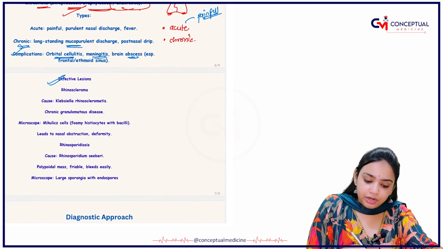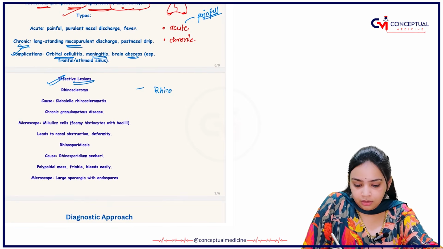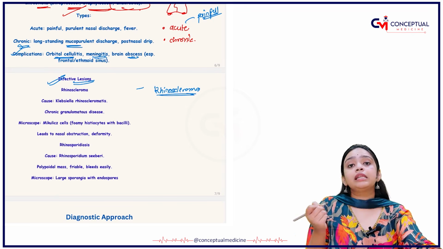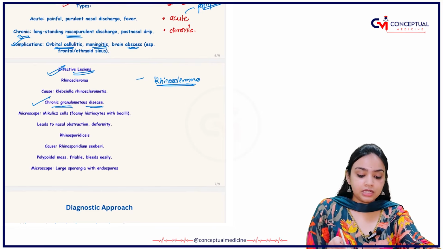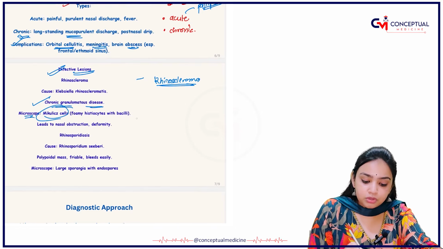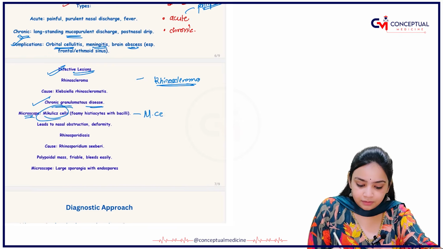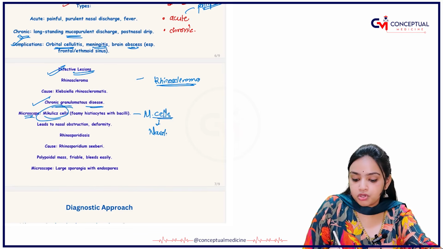Next you have the infective lesions. In that you have rhinoscleroma, which is caused by Klebsiella. It is a chronic granulomatous disease, in which on microscopy you will be able to see Mikulicz cells, which leads to nasal obstruction.